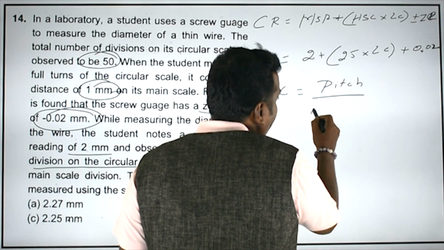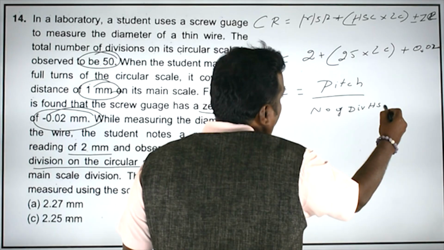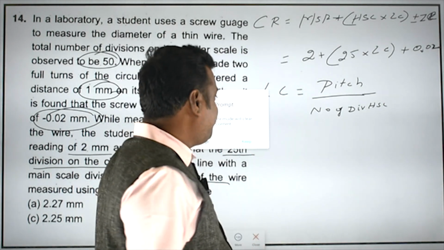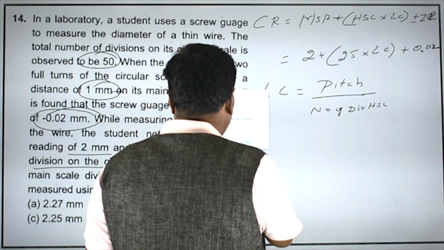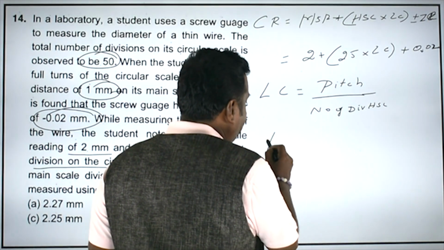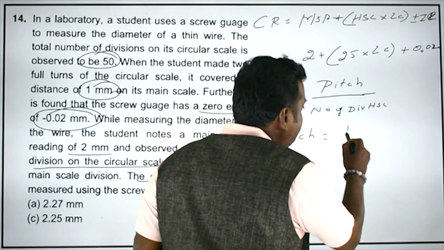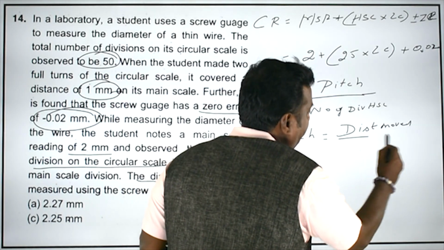Least count is pitch by number of divisions on head scale or circular scale. So what is pitch? Pitch is equal to distance moved by number of rotations given.